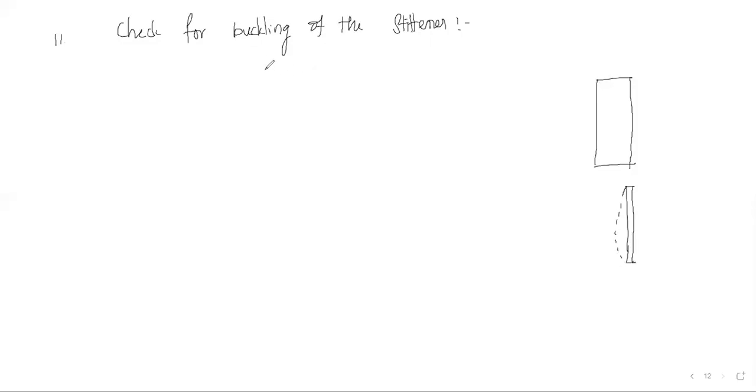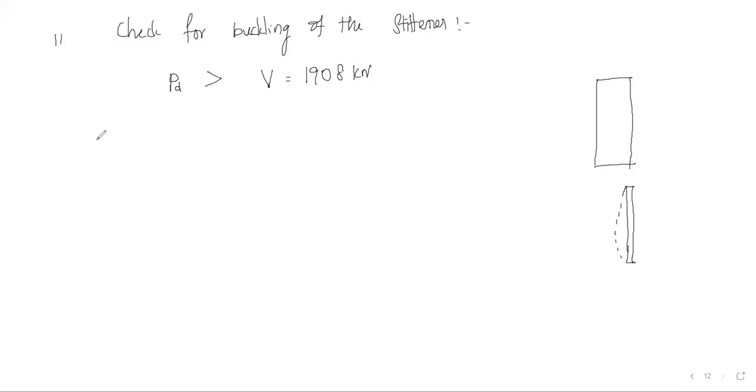Okay, so here our reaction is nothing but shear force, that is 1908 kilonewton. Okay, we are going to calculate the capacity of the stiffener. So that stiffener capacity should be more than this shear force.